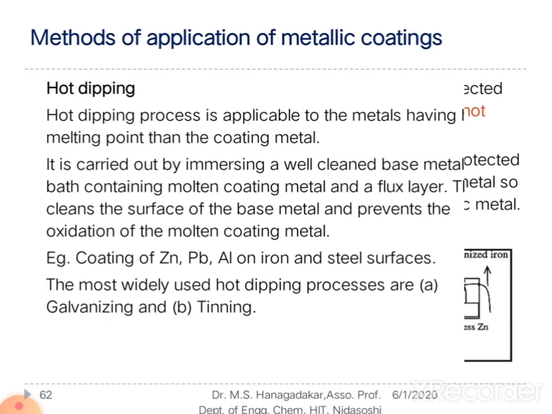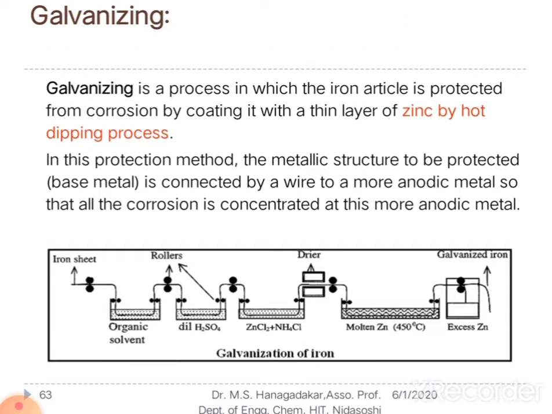Now let us discuss what is meant by galvanizing. Galvanizing is the process in which an iron article is protected from corrosion by coating it with a thin layer of zinc by the hot dipping process.